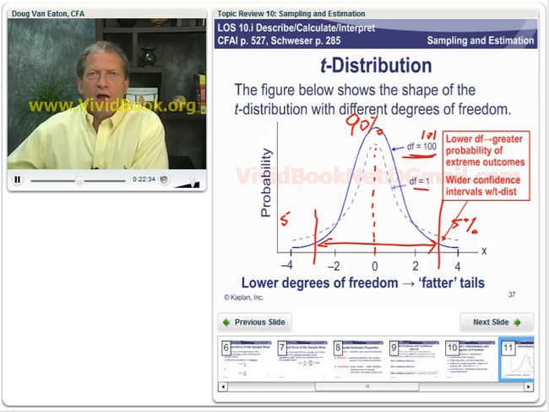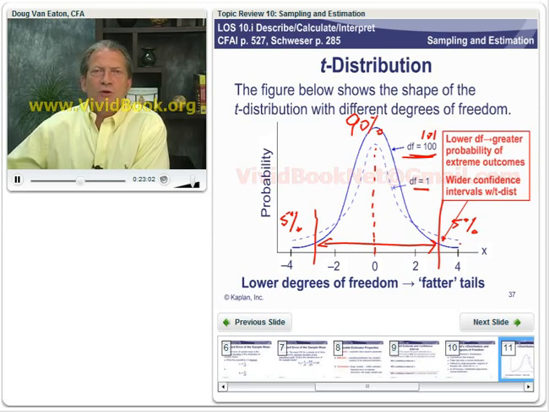Well, now let's look at degrees of freedom equal to 1. So I've got a smaller sample size. What happens to my confidence interval? Well, I need 5% in this tail out here, and these tails are fatter with degrees of freedom equal to 1. So now I've got more than 5% in the tails.